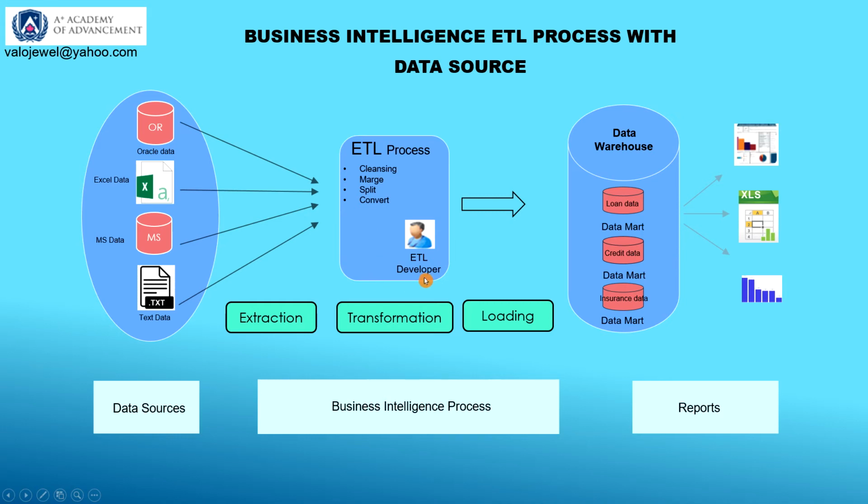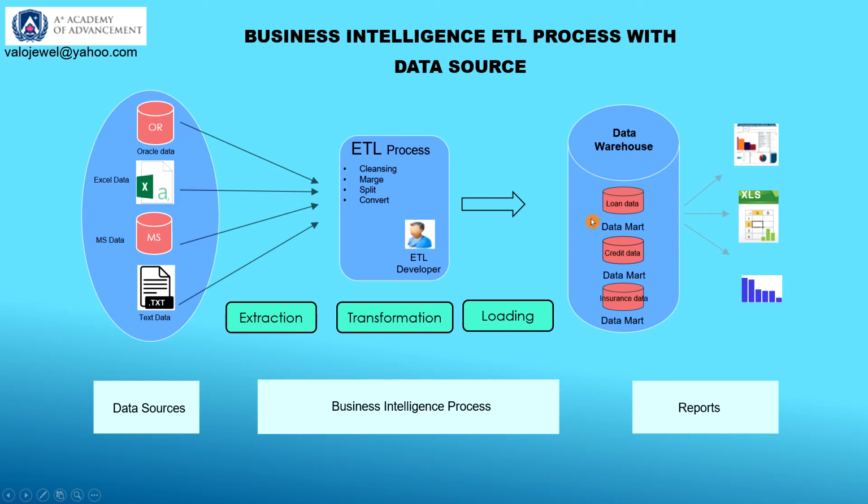After transformation, they transfer that data to the data warehouse, and if they collect that data item-wise, then it becomes a data mart. Say for example, if this data is from the bank, and that data is collected in loan data separately, credit data separately, insurance data separately, those are separate data called data marts, and those all lie inside the data warehouse.